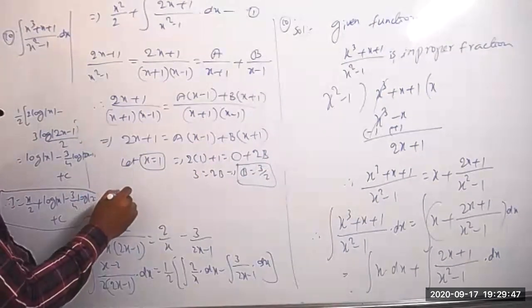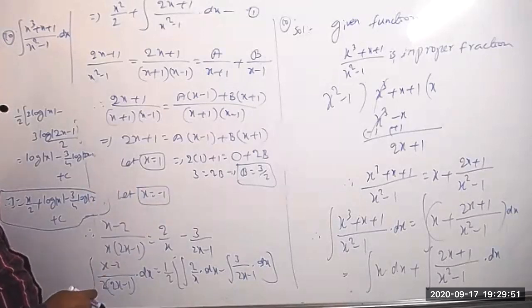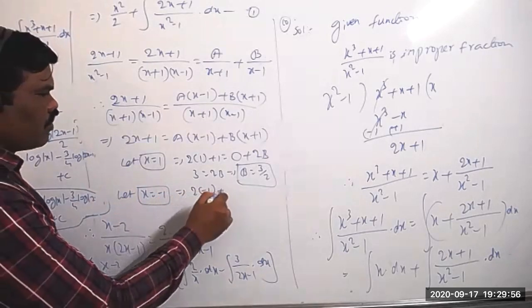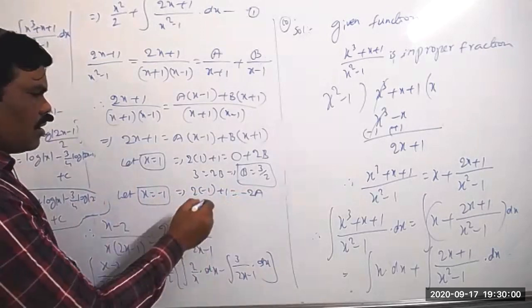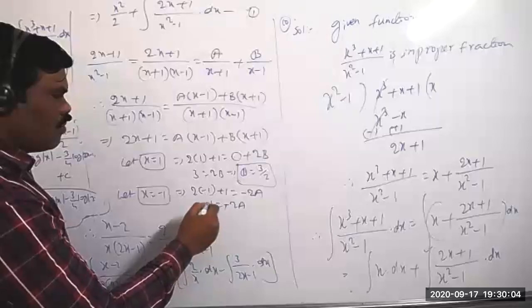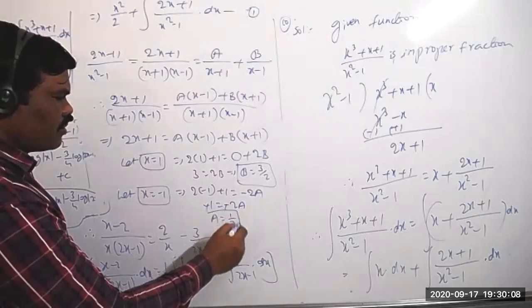Next, in the same way, let x equal to minus 1. So if you take x equal to minus 1 means b will become 0 now. So 2 into minus 1 plus 1 is equal to minus 2a. So minus 2 plus 1 equal to minus 1 equal to minus 2a. Minus minus will be cancelled. So the value of a equal to 1 by 2.